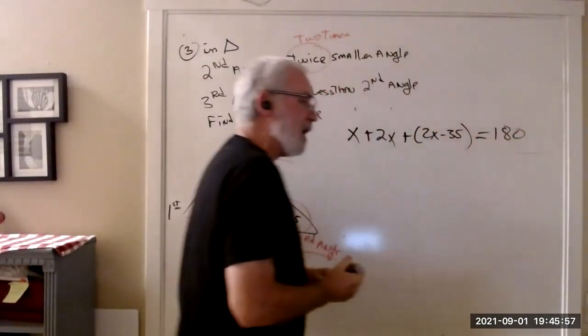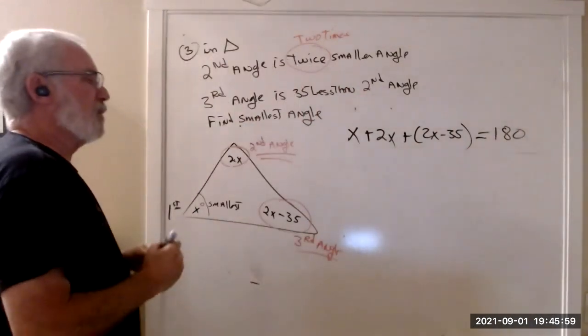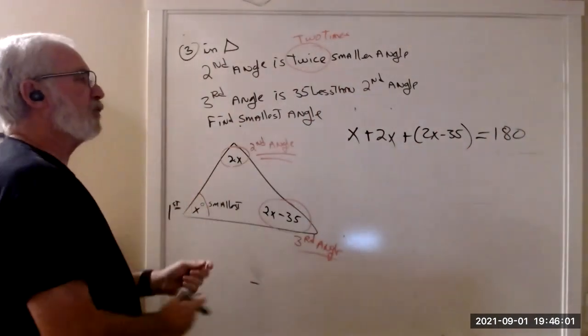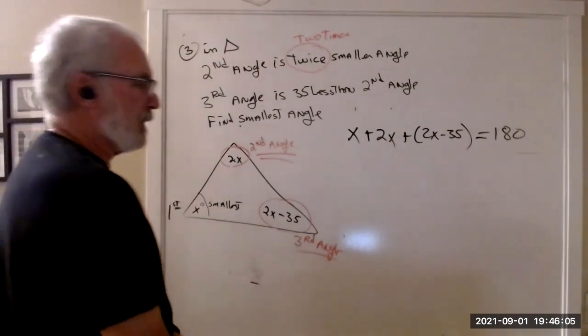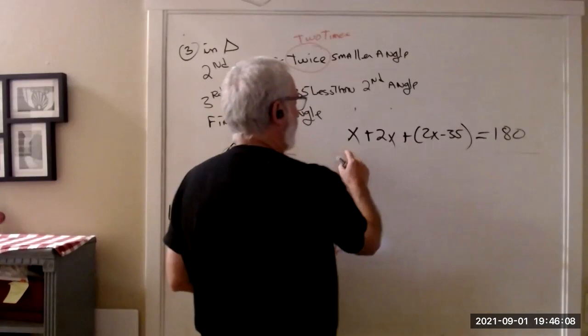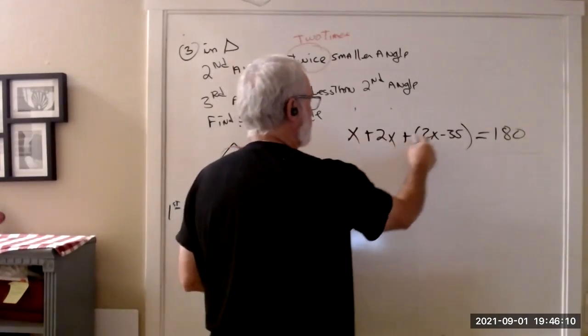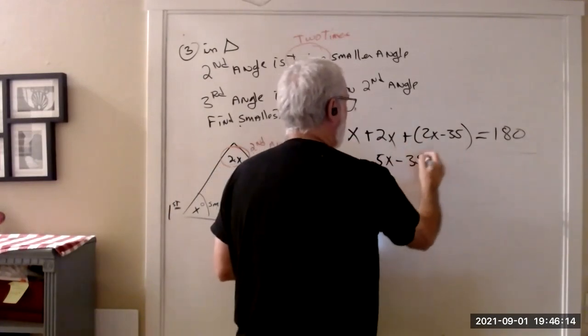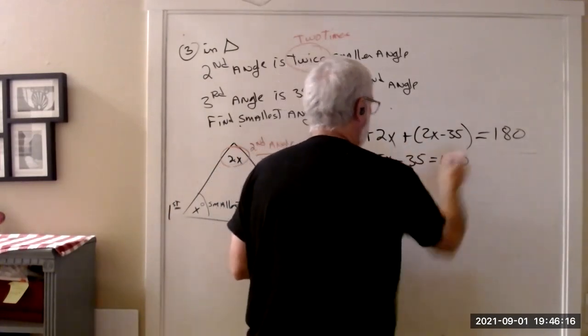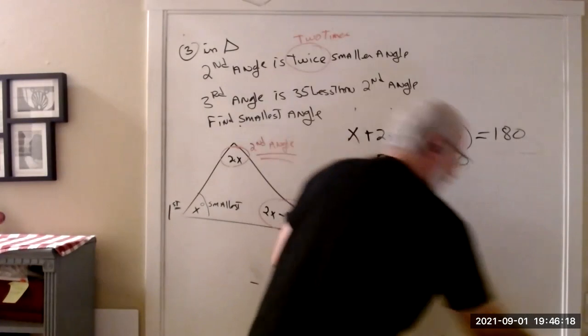Well, once you do that, this is just basically an equation that we've solved for like a week now. So you add like terms, X plus 2X is 5X minus 35 equals 180. Add 35.